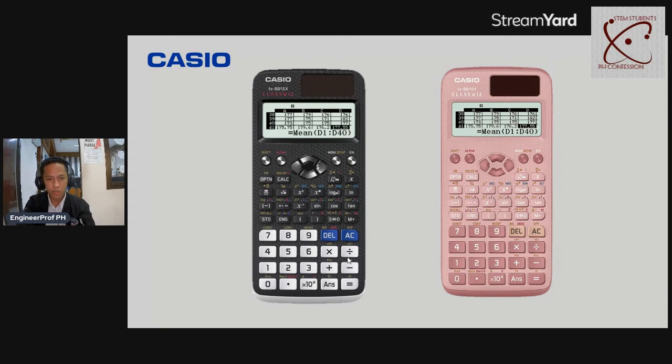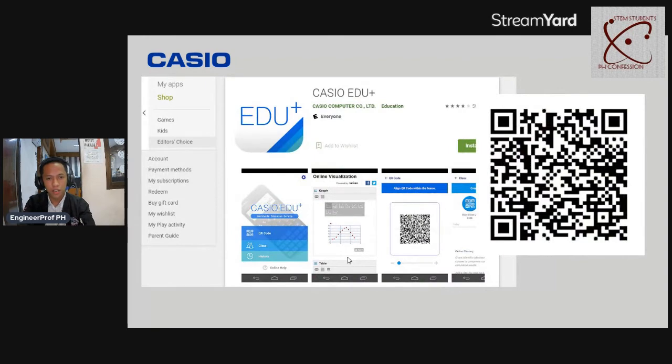Before we proceed to our discussion, I encourage you to install this app, Casio Edu Plus, or you can just scan this QR code here to install. Search for Casio Edu Plus in the Play Store. Later on, I'm going to discuss a certain feature of the Casio 991EX wherein we use a QR code to represent a certain equation.